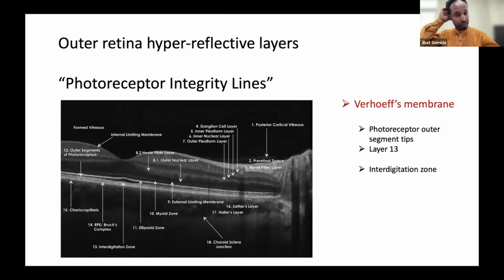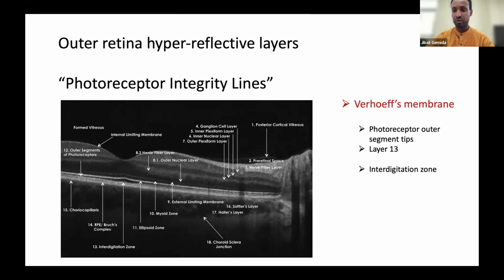So the most important area in retinal imaging is the outer retinal hyperreflective layers. These are called the photoreceptor integrity lines. There was controversy in the nomenclature of especially the last 4 layers of the outer retina, and especially layer 13.